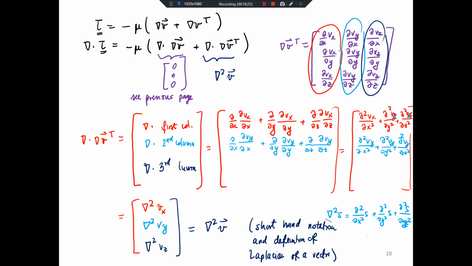So basically we got that the divergence of tau is equal to minus the divergence of the transpose of the transpose, and this was a zero vector, and this was the Laplacian, so minus the Laplacian of V.